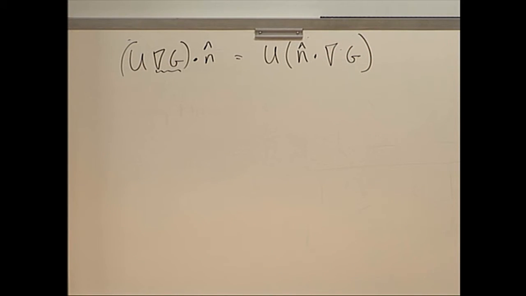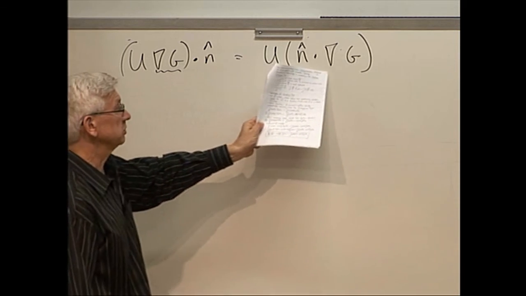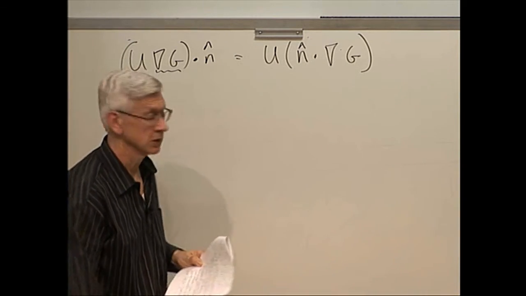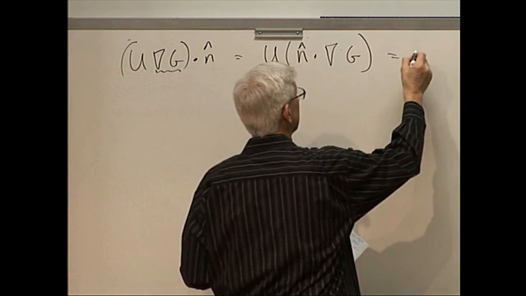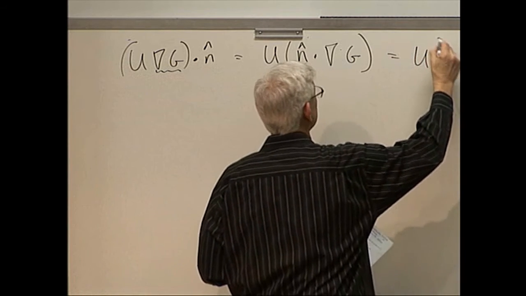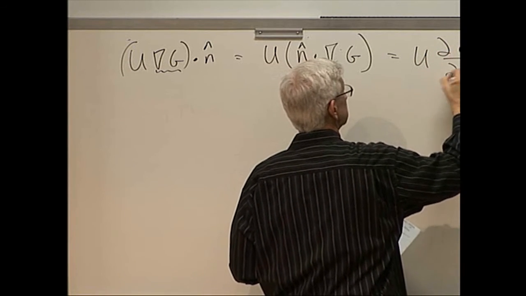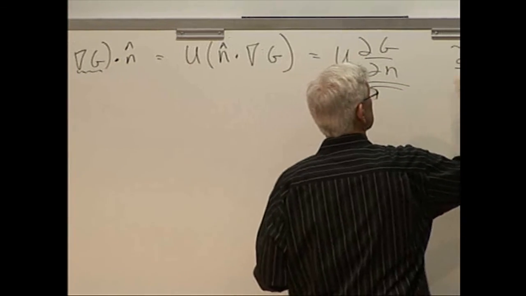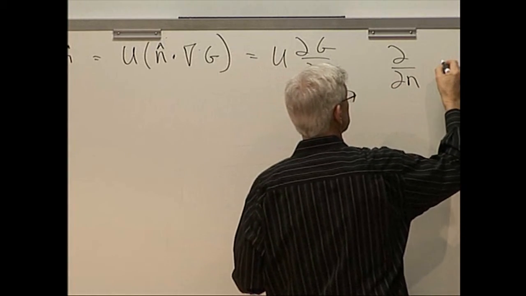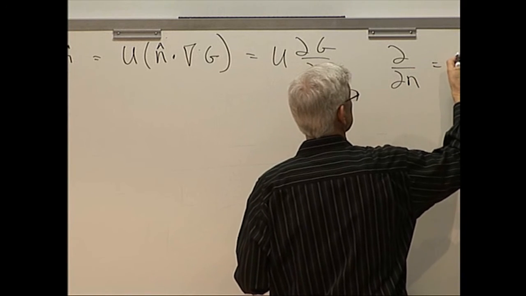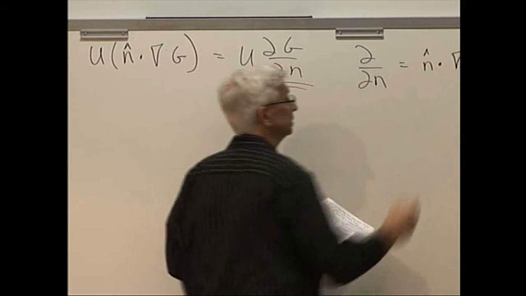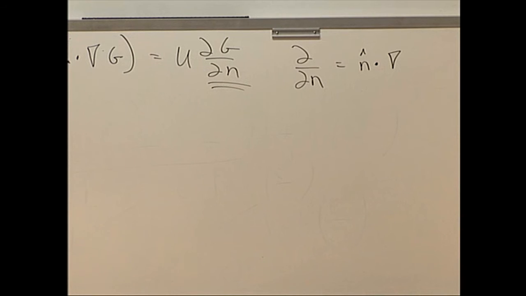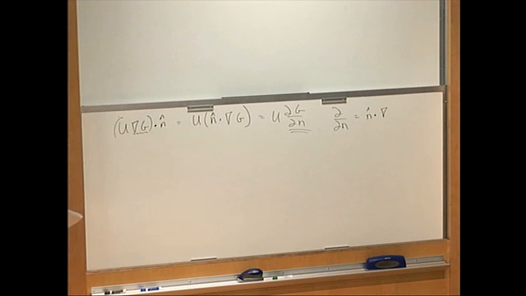Right? So it's n hat times the gradient of g. And that we wrote in class as u partial g with respect to n. That's that normal derivative where partial with respect to the normal is equal to n hat dot del. Remember that? Probably not. We used it.